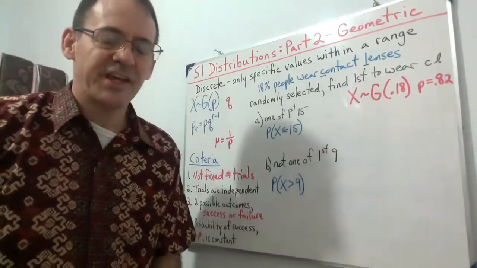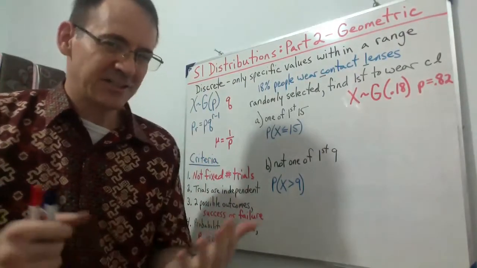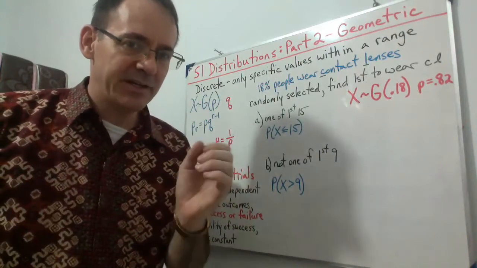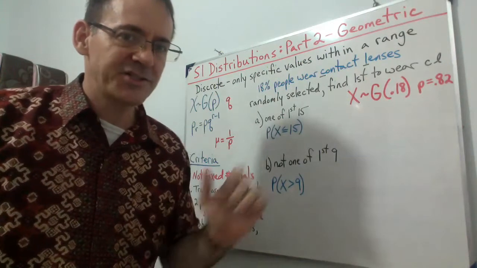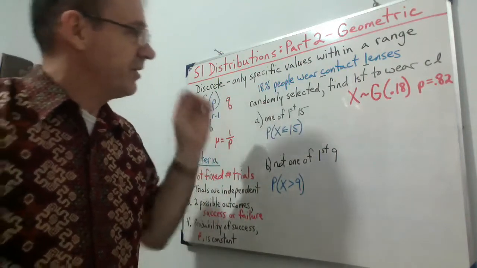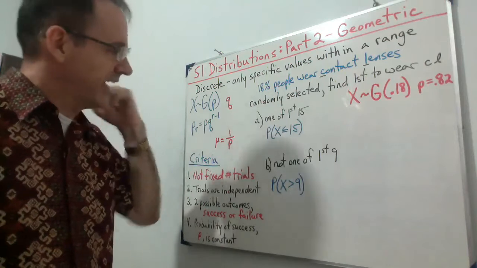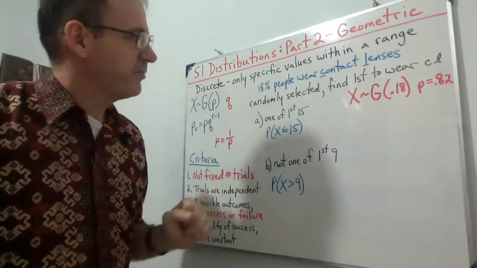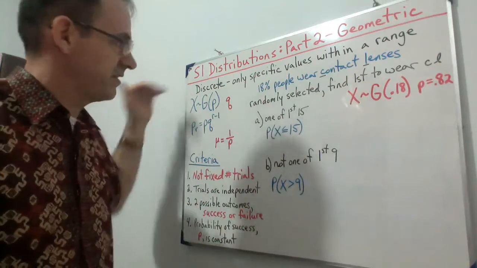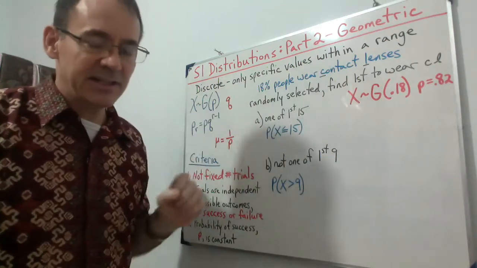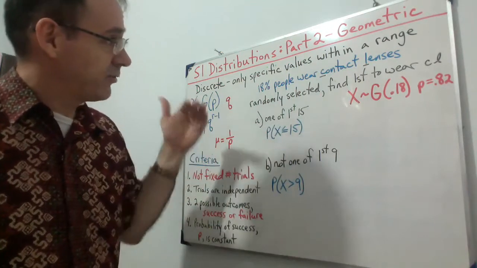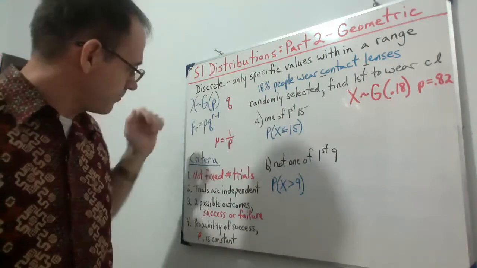Okay, here's the second example, and you're going to start seeing where the mental concept becomes a little bit more challenging than just simply plugging it into a formula. So this particular question says that 18% of people wear contact lenses. Right away, we can see that this is discrete because you're dealing with a number of people, and that's discrete data.